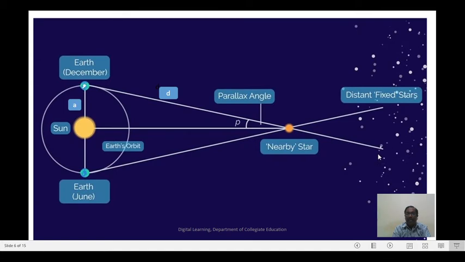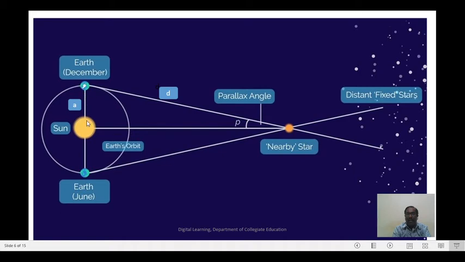Now how to calculate the parallax of a star? A nearby star is photographed from the surface of the Earth against the background of distant fixed stars. Similar observations are made after 6 months from the surface of the Earth on the other side of the baseline.